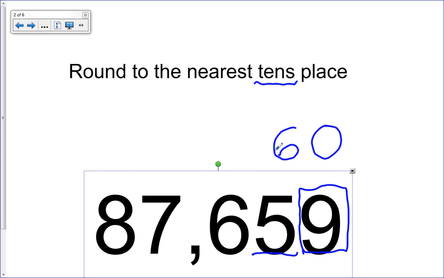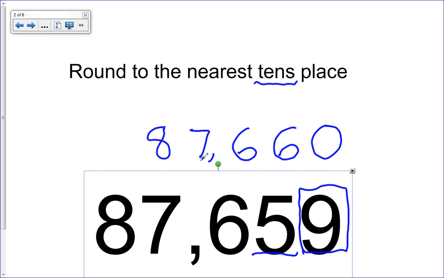We're going to raise the score to a 6. And everything before that is going to stay the same. So 87,659 rounded to the nearest 10 becomes 87,660.